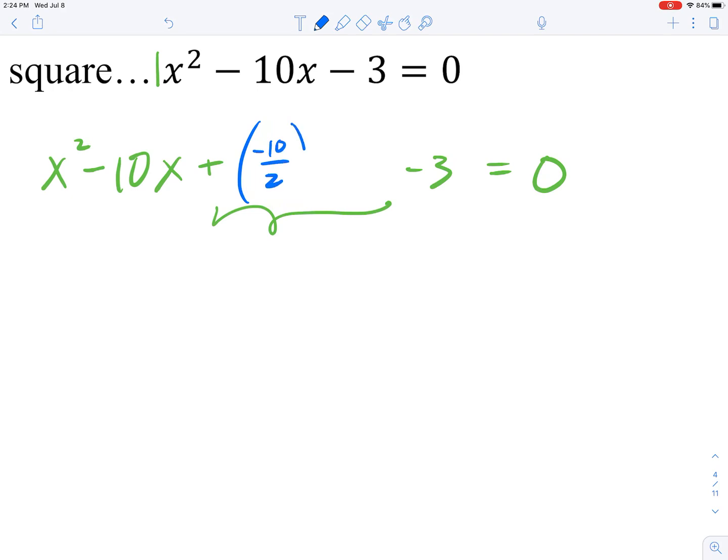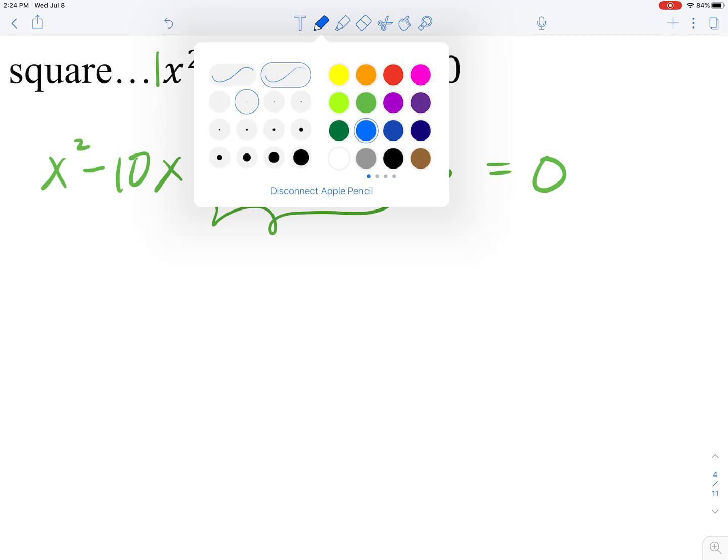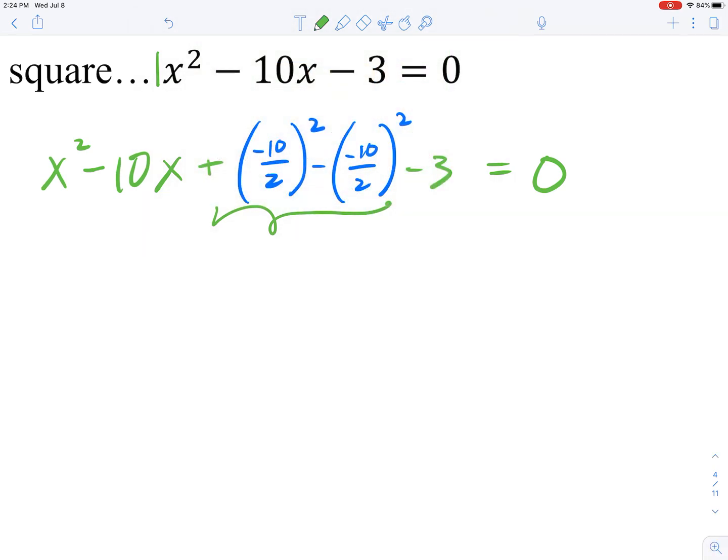So I'm going to add negative 10 divided by 2, squared, and also subtract it. You don't need to write it out like this. You can do it in your head. You're going to end up adding and subtracting 25. That's totally fine.